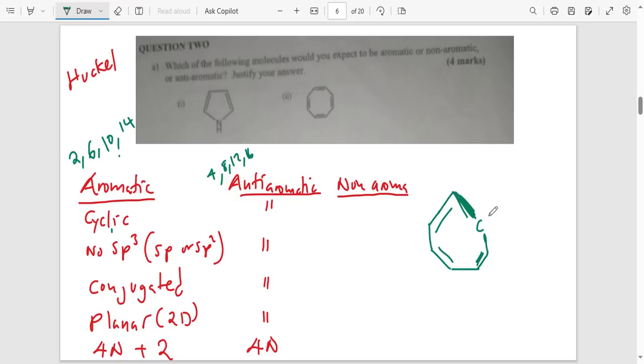Okay, so if you look at this molecule here, say it has a positive charge at this point. The first thing we need to make sure we meet is, is it cyclic? We can see it is cyclic, so yes.